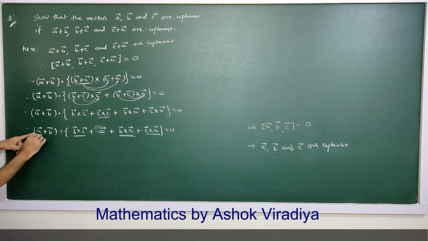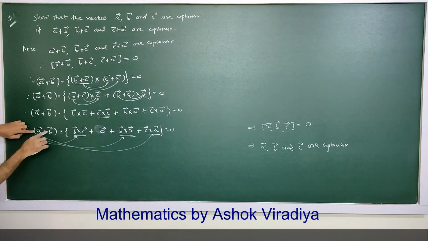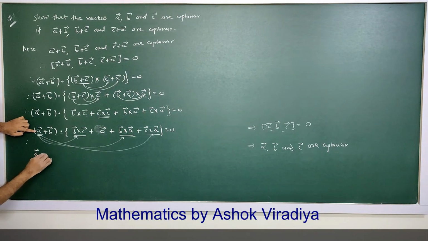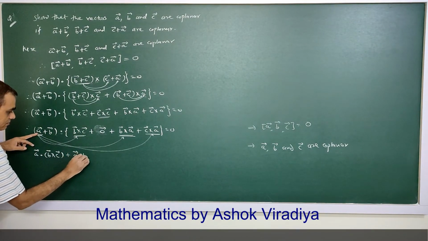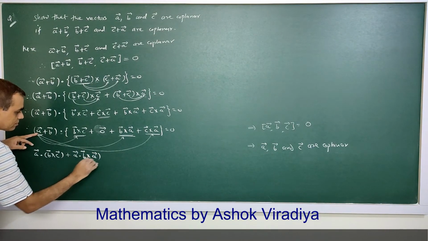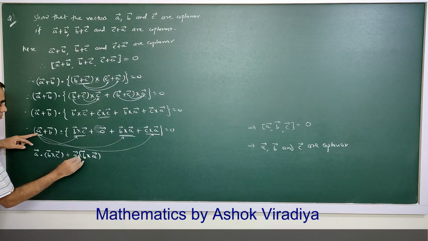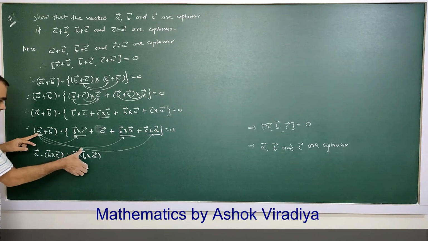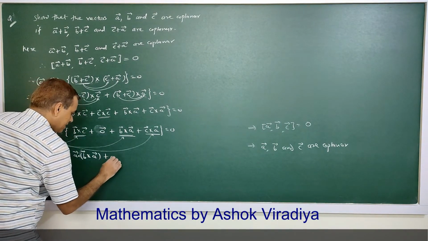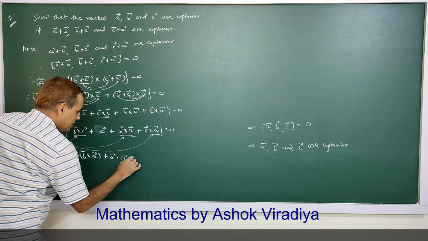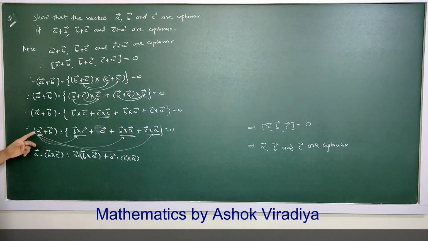So first of all, taking cross with A, dot product with A. So it will be A dot B cross C, then A dot B cross A, plus A dot C cross A. So the turn of A is over.